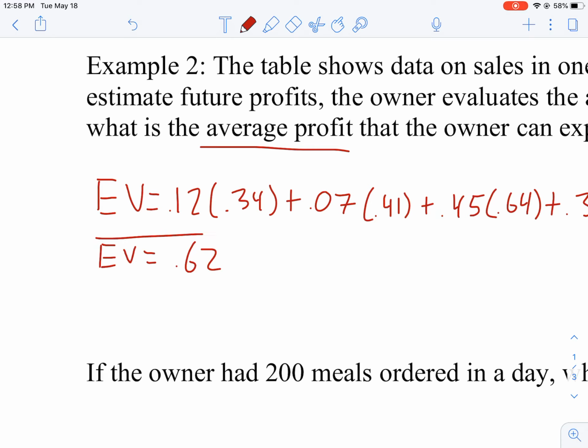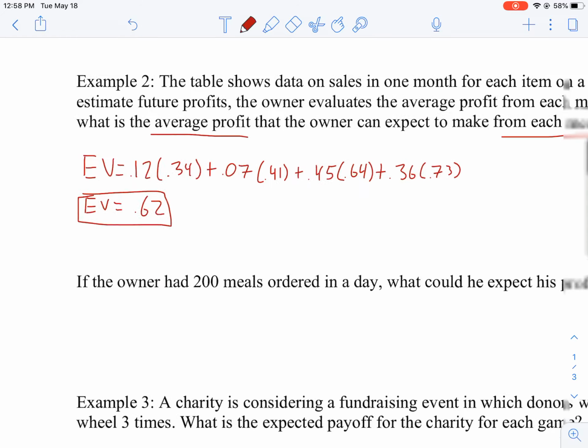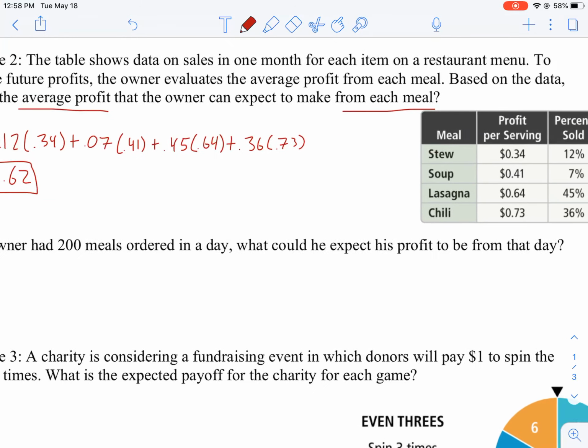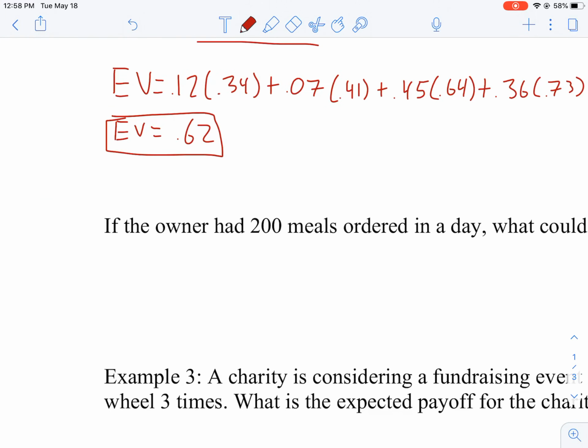So on average, for every meal they sell, regardless of what the meal is, they're making about 62 cents per meal. And what he can actually do with that is now he can answer this question. If the owner had 200 meals ordered in a day, what could he expect his profits to be? Well, if he has 200 meals and he's getting 62 cents per meal, in total, he's going to make about $124, okay?